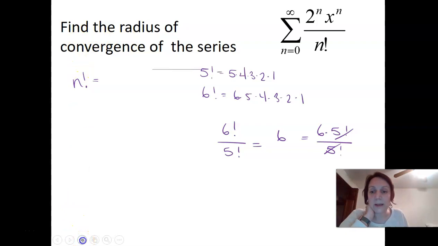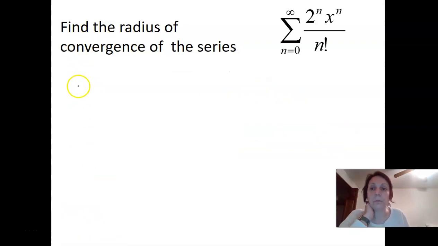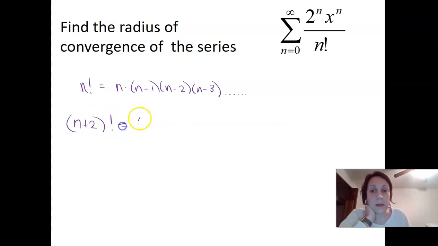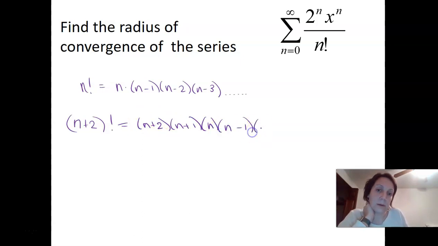Well, we have to be able to do the same thing when it's in terms of n. So one of the ways to think about it is to think of n factorial as n times n minus 1, n minus 2, n minus 3, and so on and so forth. Okay. So if I saw something like n plus 2 factorial, that would be n plus 2, n plus 1, n, n minus 1, n minus 2.